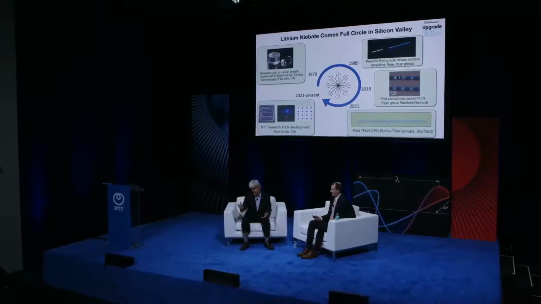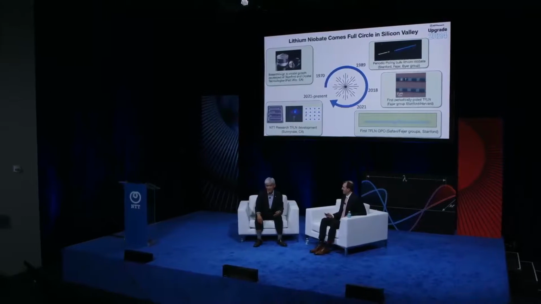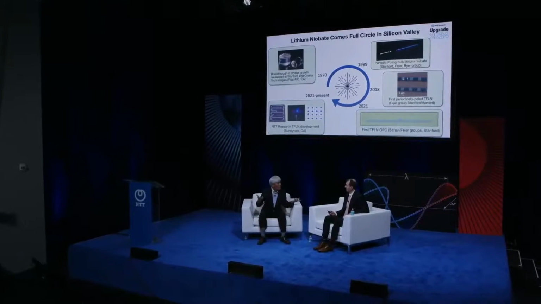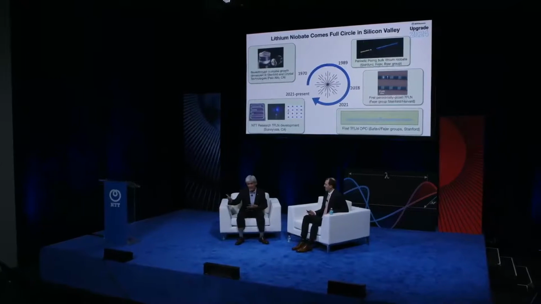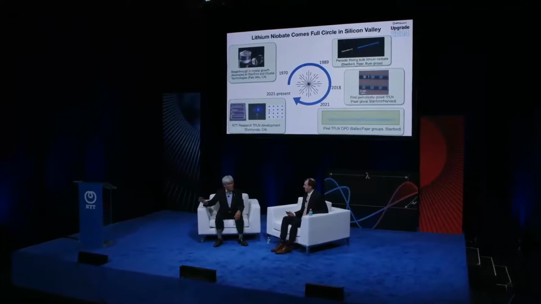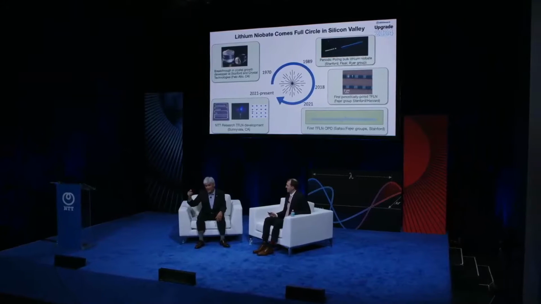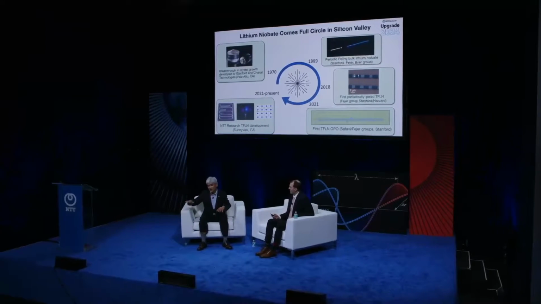Obviously that already happened back in the 70s, but we are very excited about this new material, which may one day lead people to call this area Lithium Niobate Valley instead of Silicon Valley. So I hope that's going to be the case.